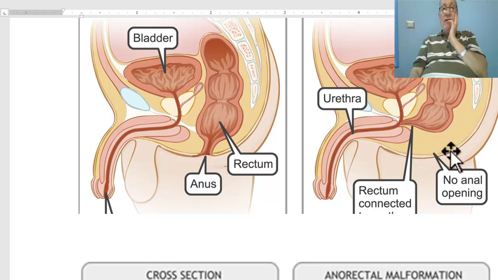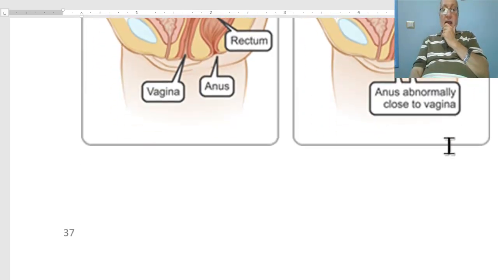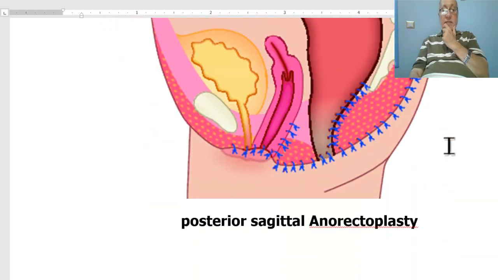Putting the rectal pouch in the correct anal opening. Finally, reconstruction of the sphincter complex. This is posterior sagittal anorectoplasty.